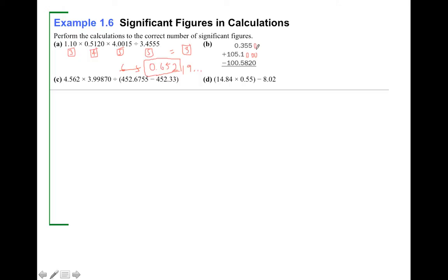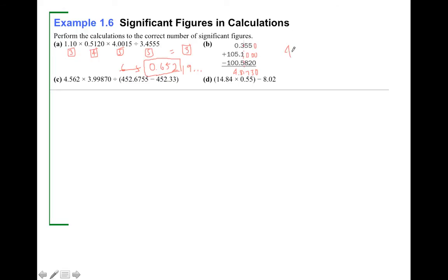Okay, so it looks like we've already lined up the decimal point, or the author has lined this up for us. So I'm going to say 0.355 plus 105.1 minus 100.5820, and it gives me 4.8730.